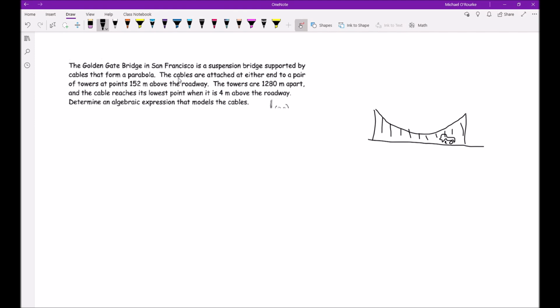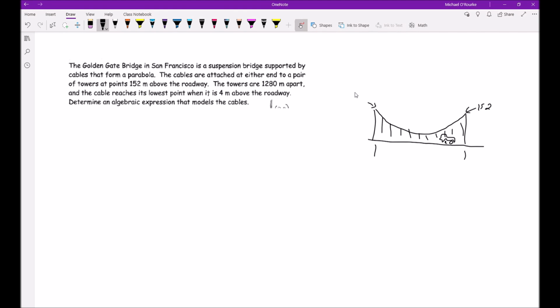which you saw in the picture. The cables are attached at either end in a pair of towers 152 meters above the roadway. Okay? So 152 meters above the roadway. So this point here is 152.